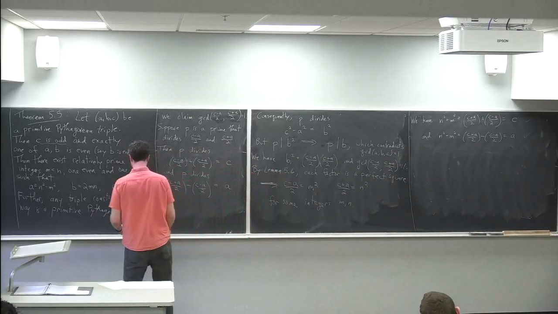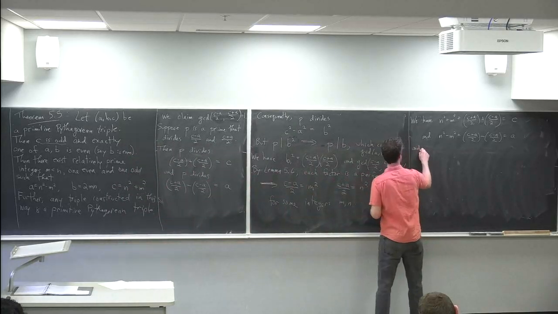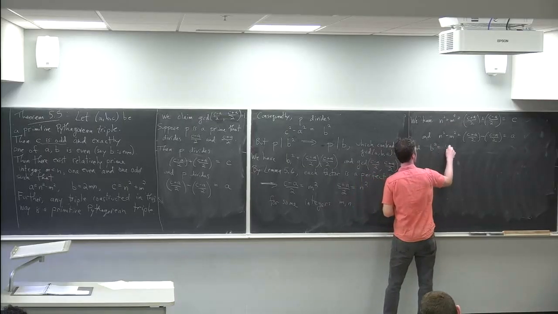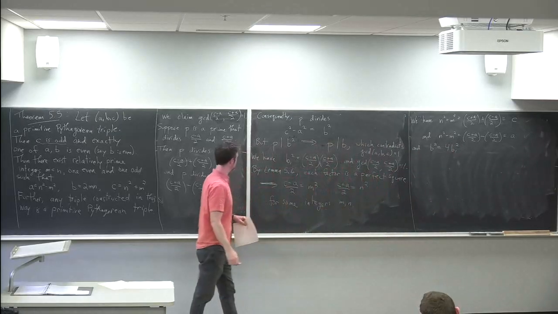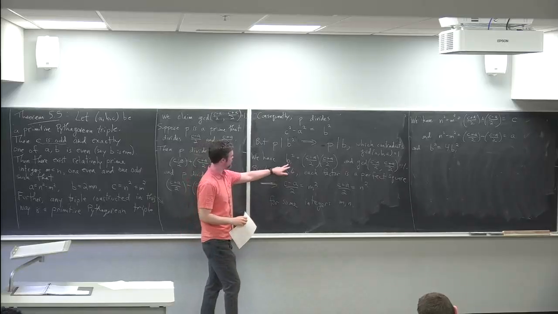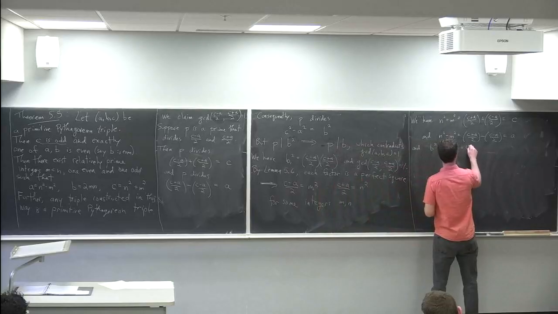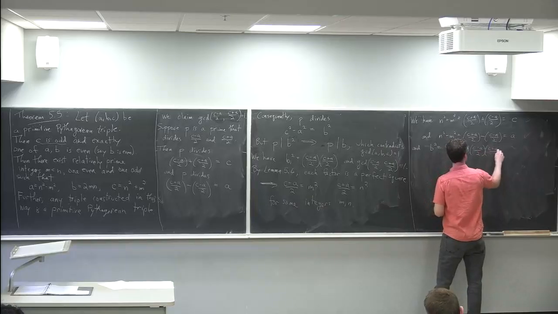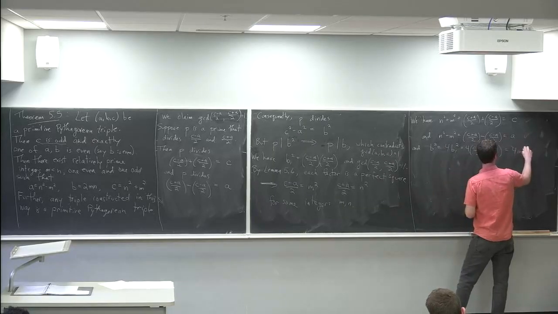Furthermore, b squared we know is 4 b1 squared, and b1 squared was this, which we just said is 4 m squared n squared.